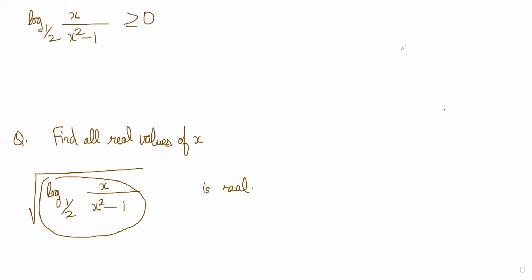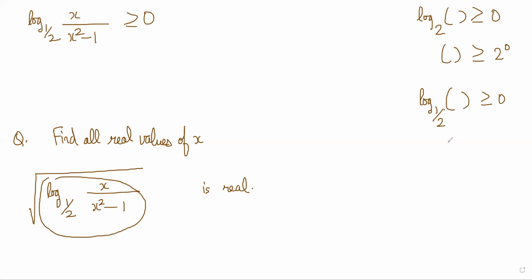And now normally if I had log base 2 of something greater than or equal to 0, then I would say this something should be greater than or equal to 2 power 0, right? Yes. But now my base is a fraction, right? So then the inequality sign is reversed. So this something should be less than or equal to this power 0, right? Yeah.